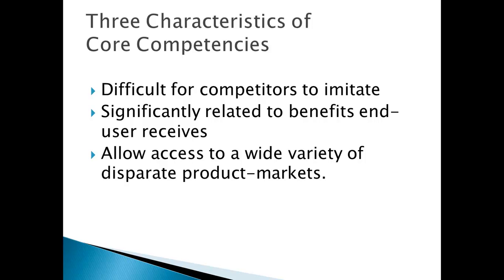And finally, to be a core competency, the thing that the company excels in should allow it to grow into new product markets over time. Let's explain these 3 competencies using the metaphor of a tree.